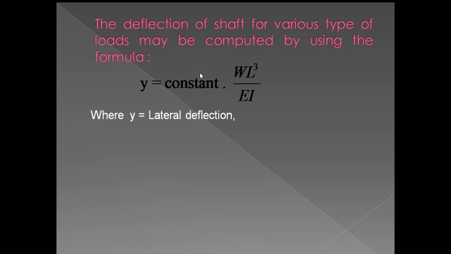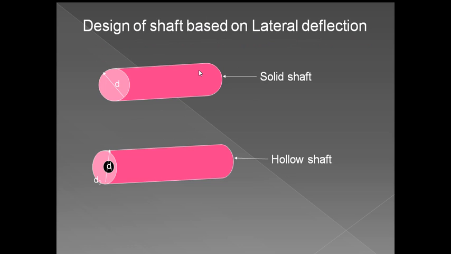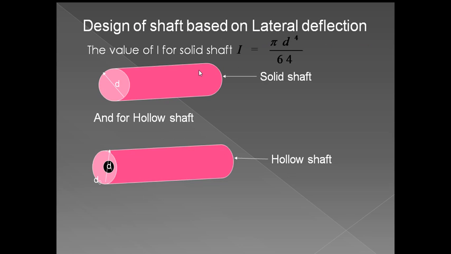Here y is the lateral deflection, W is the load on the shaft, L is the supported length of shaft, E is the modulus of elasticity, and I is the moment of inertia. For a solid shaft, I equals pi d to the power of 4 by 64. For a hollow shaft, it is pi into capital D power 4 minus small d power 4 by 64.